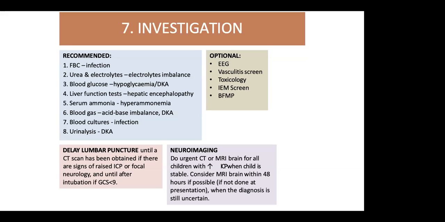In case of toxin poisoning, we can do toxicology. And if we suspect inborn error of metabolism, for example urea cycle defect, we may do the IEM screening. And lastly, if the history is suggestive of malaria, we may do the blood for malaria parasite.